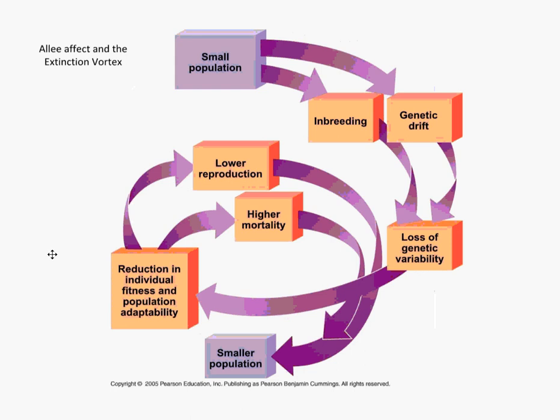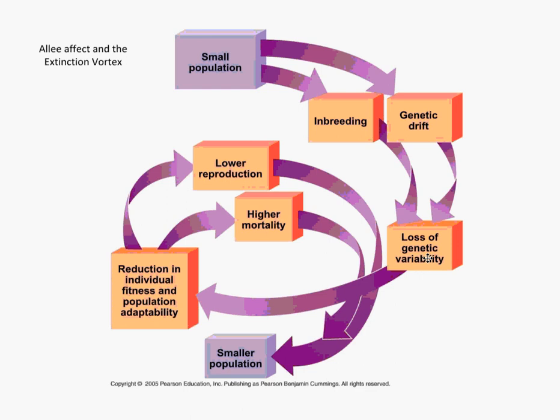Which leads me to this idea of the Allee effect and the extinction vortex. The Allee effect is a situation that occurs when you have a small number of organisms, and this low number typically produces something called inbreeding, and inbreeding is just where there's no variation and those same traits continue to be bred into the population. And so if there's no variation, what do you expect?